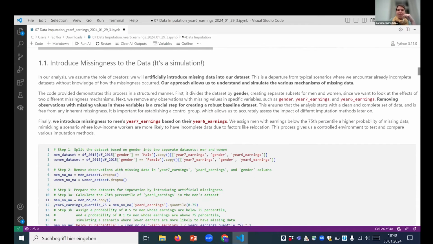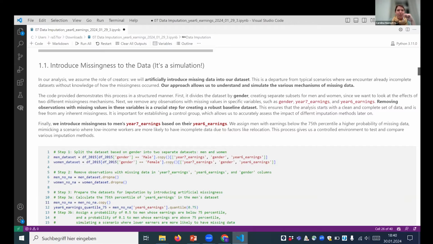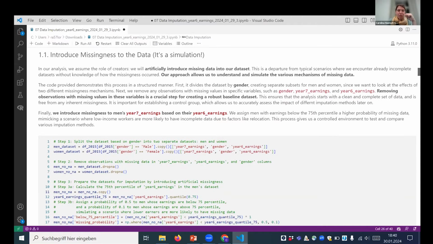So in the first part here, we set up the data set. So we only use gender and year 6 and year 7 earnings. So year 6 after starting a degree and year 7 after starting a degree. And we will first look at men in the data set.